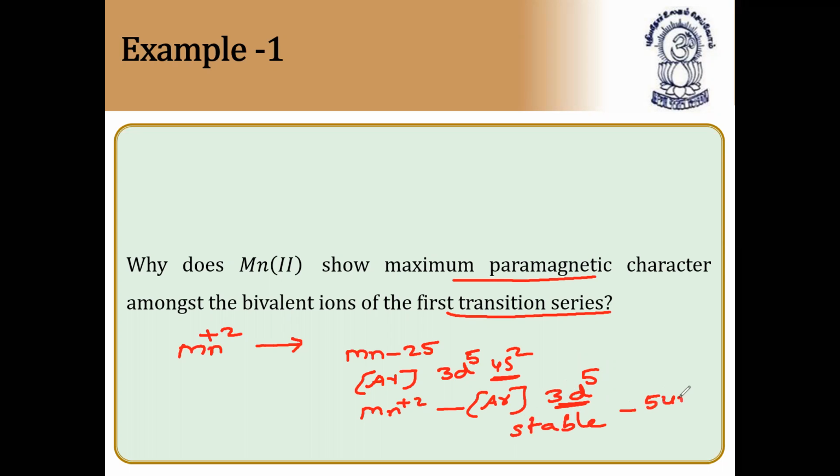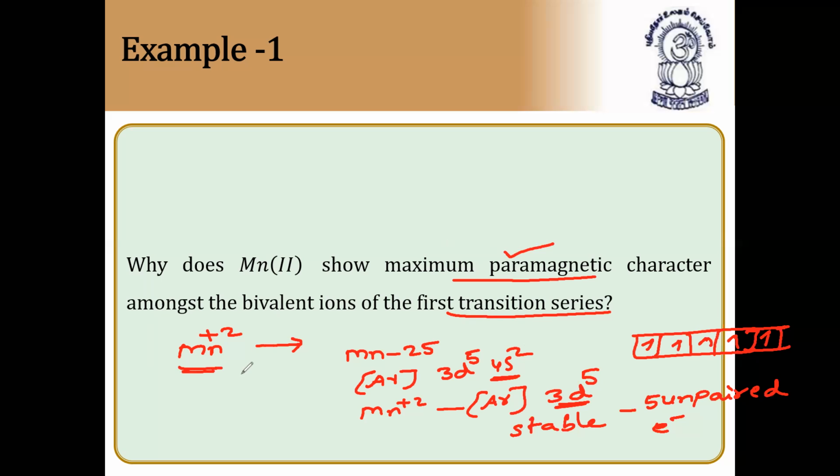How many unpaired electrons? The maximum, 5 unpaired electrons, because in the 3d5 configuration no electrons are paired: first electron, second, third, fourth, and fifth. Since it has 5 unpaired electrons, it shows maximum paramagnetic character amongst the bivalent ions.